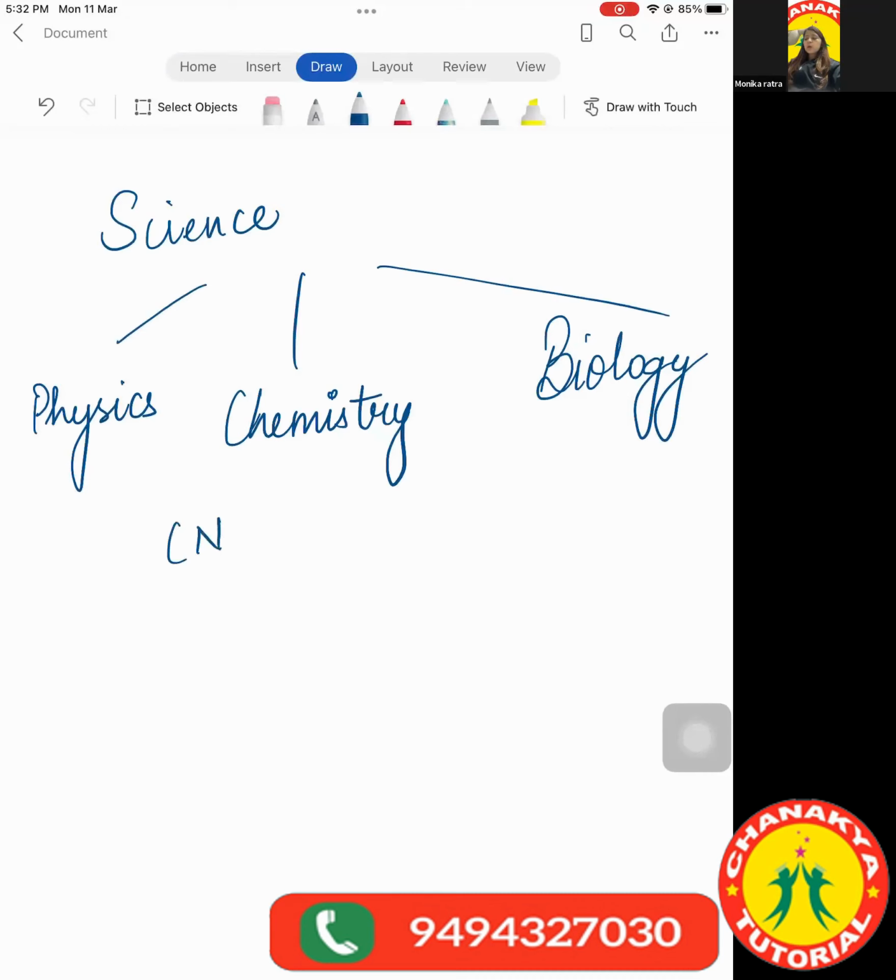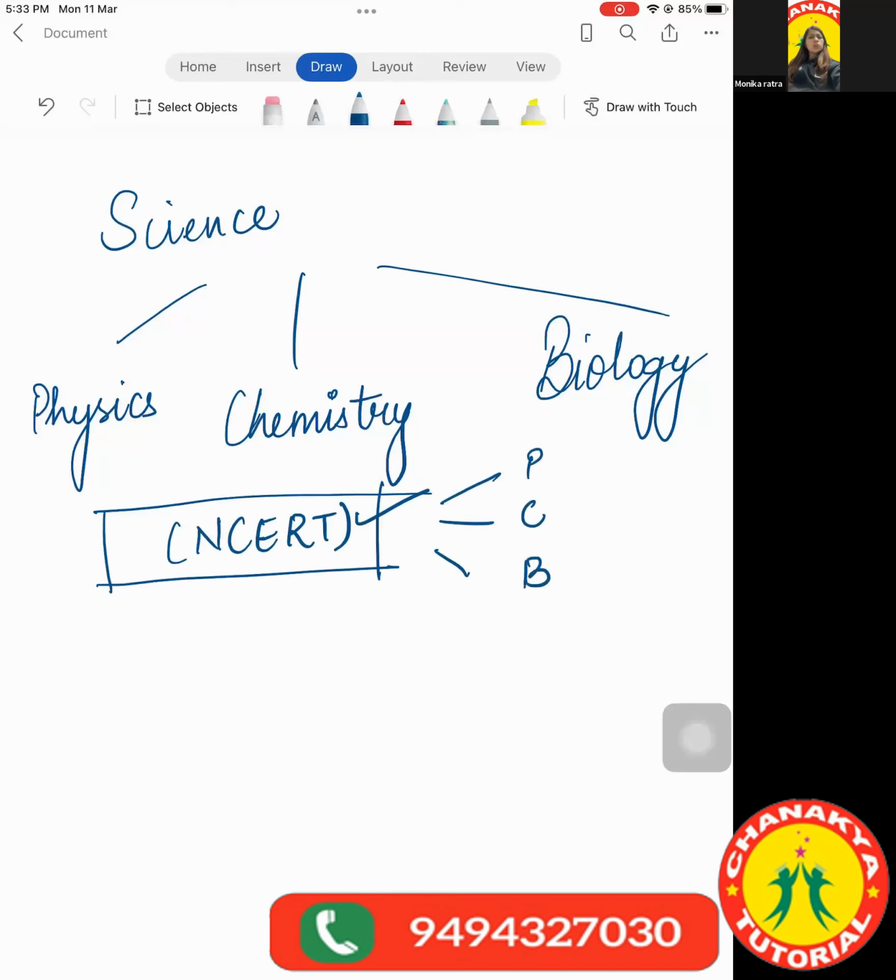As in, if we talk about the NCERT book, in our schools, and I hope in your schools also, they follow the main book as NCERT and a reference book they might have given. I'm talking to everyone. In NCERT, we get to see physics, chemistry, bio, all three together.